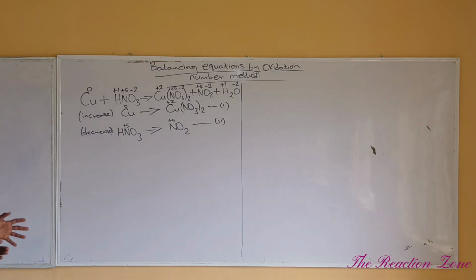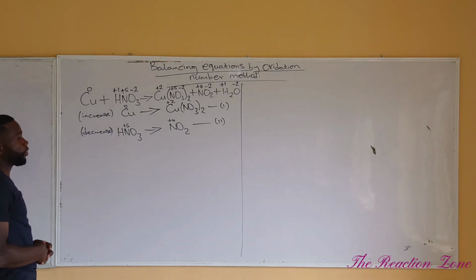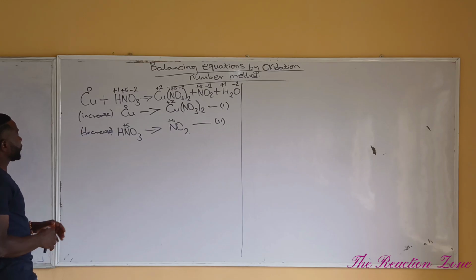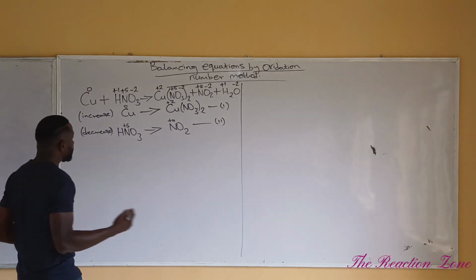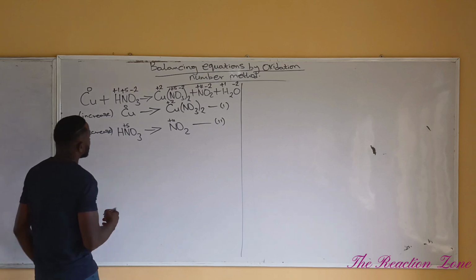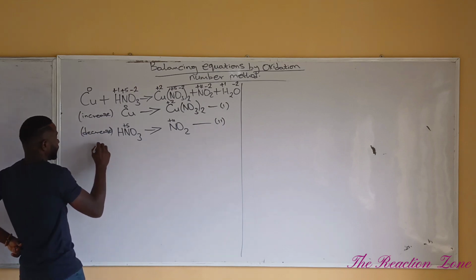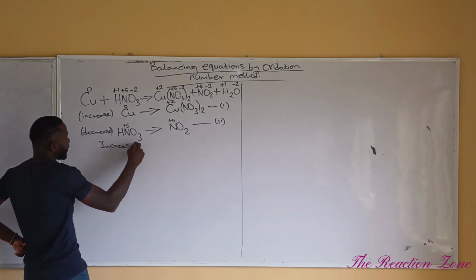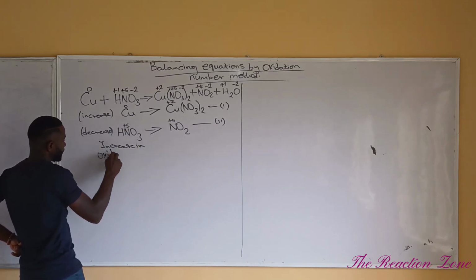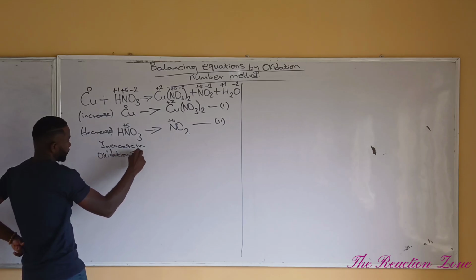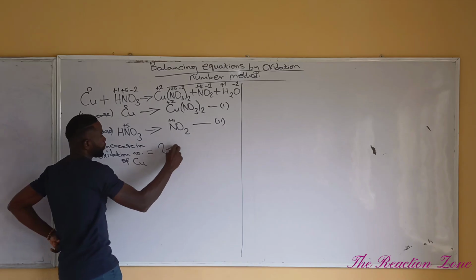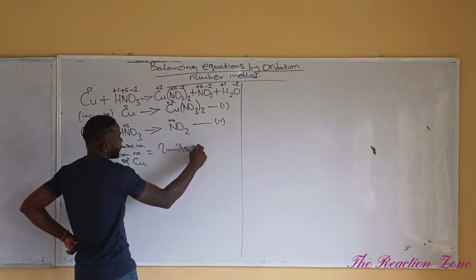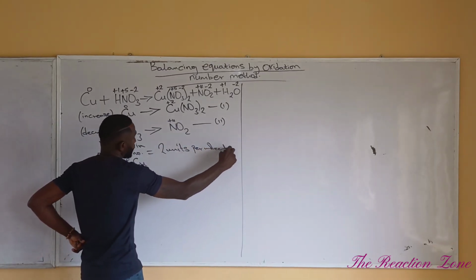So the next thing we will do at this point is to ensure that the increase in oxidation number as well as the decrease are equal. Before we do that, it's important for us to state that the increase in oxidation number of copper is equal to 2 units per molecule.